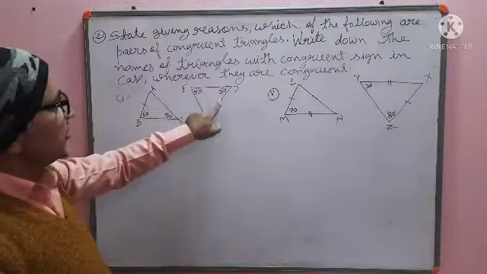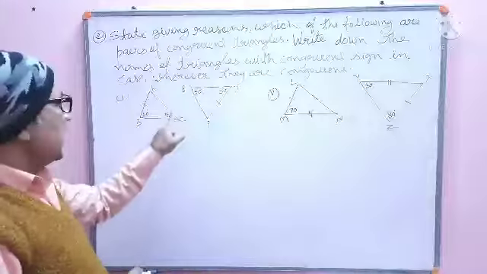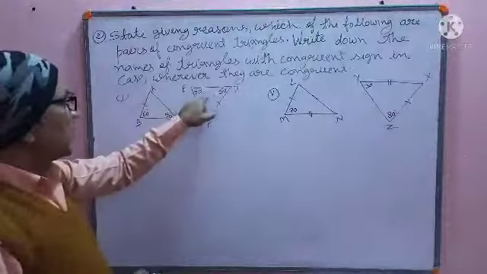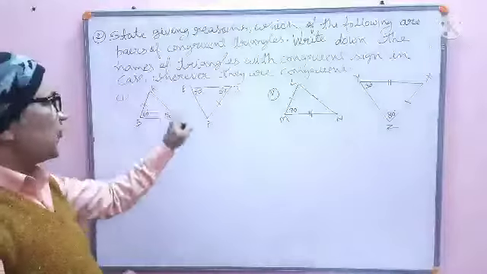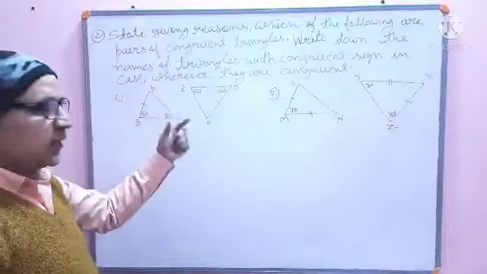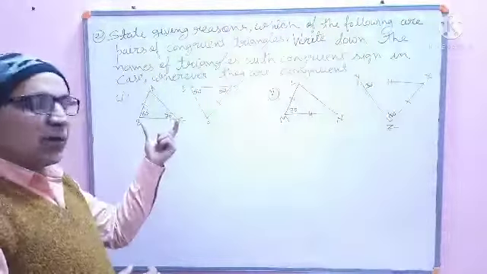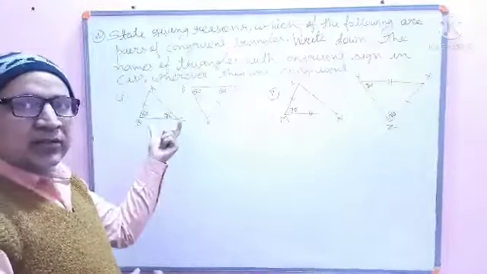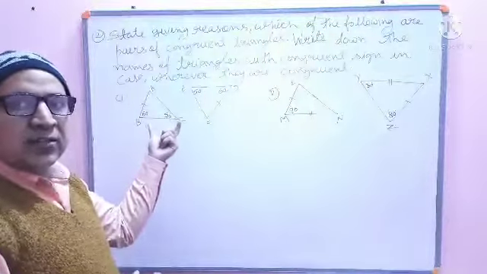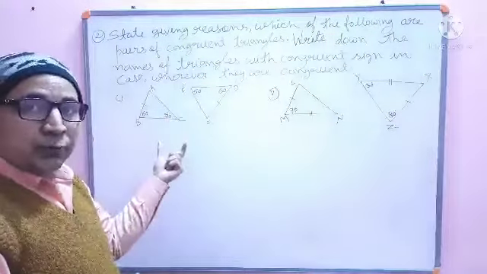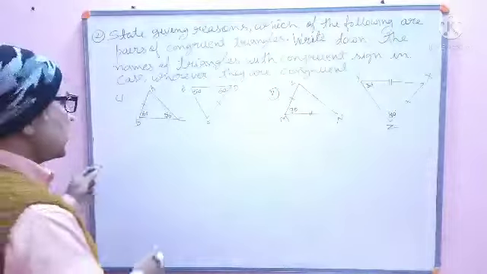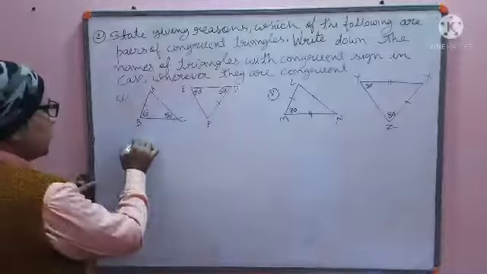It means the angle, angle, side property is followed by these 2 triangles. It means these 2 triangles are congruent. With the help of the picture, very easily we are able to check whether these are congruent or not. But you have to learn how to write. See, first write the name of this triangle.